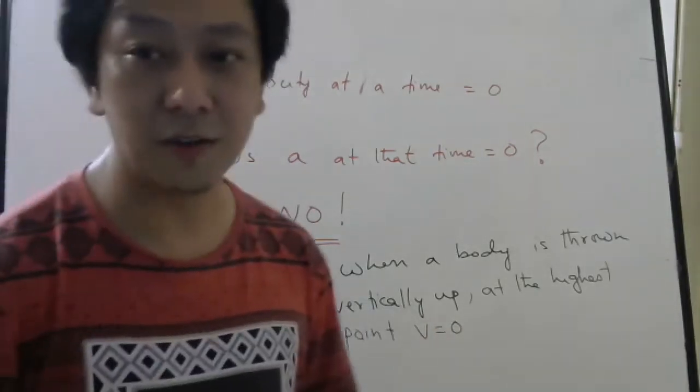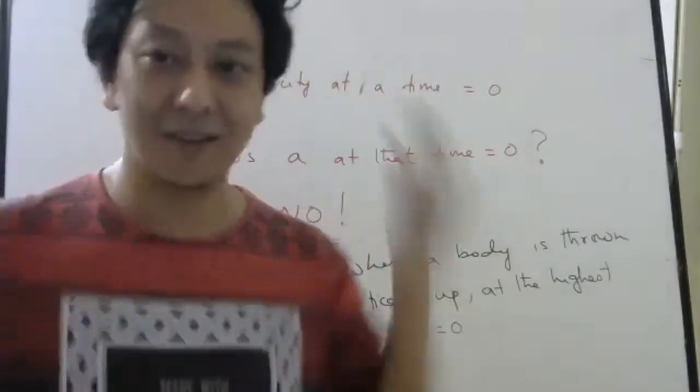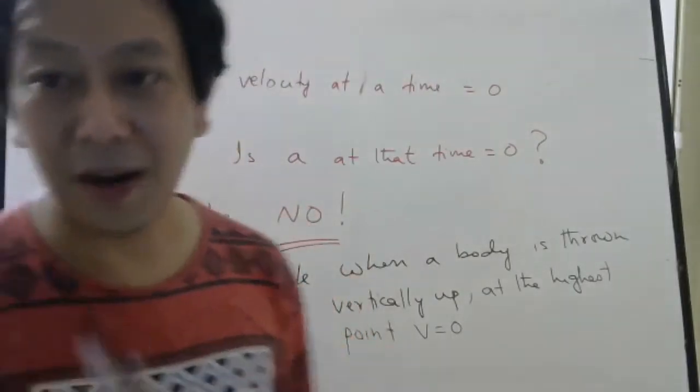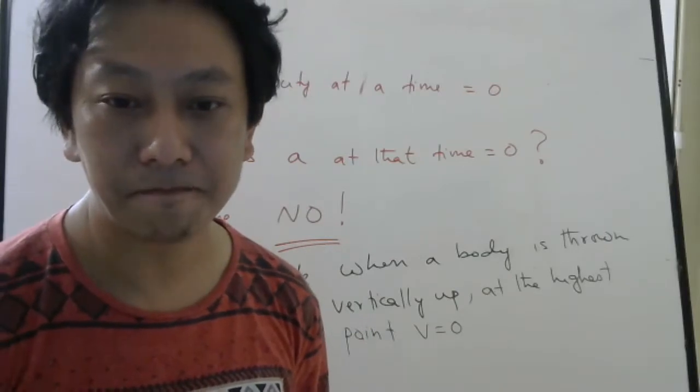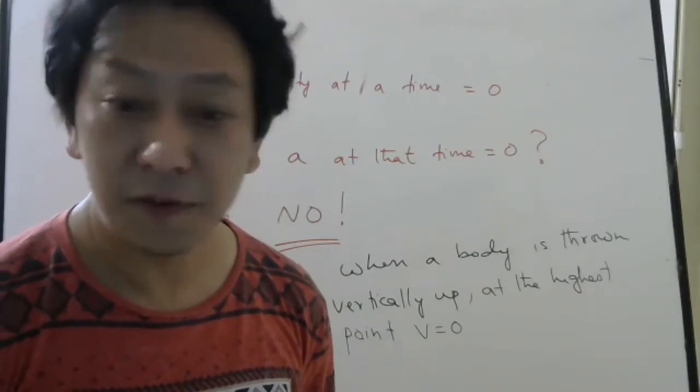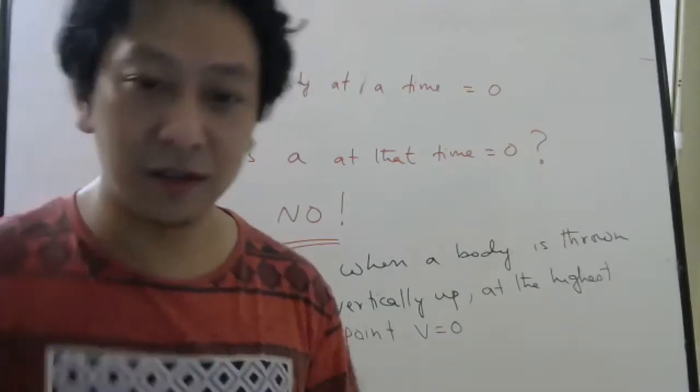Obviously, if it was not 0, it would keep going. Did you understand that part? Why does velocity have to be 0 at the highest point? If it was not 0, it would keep going.